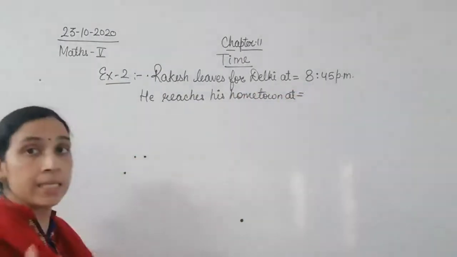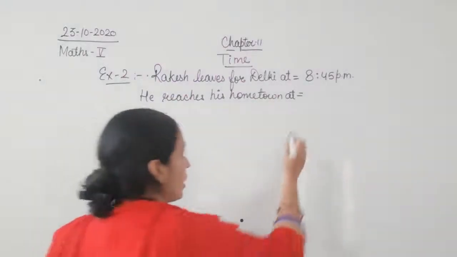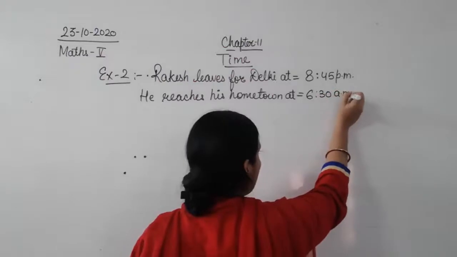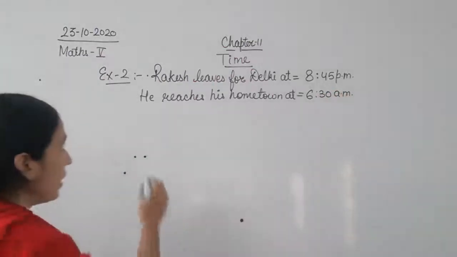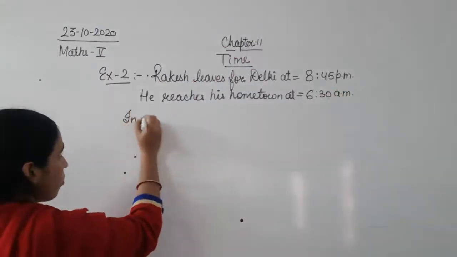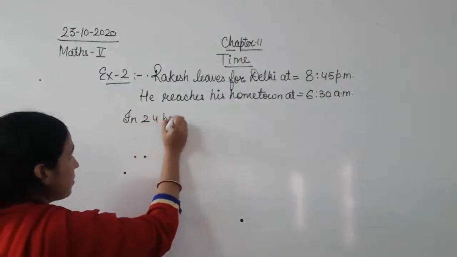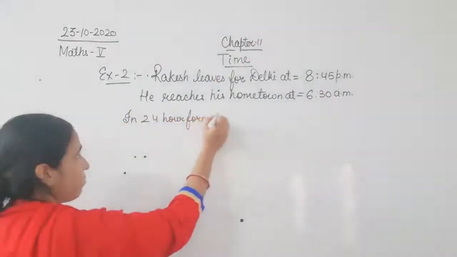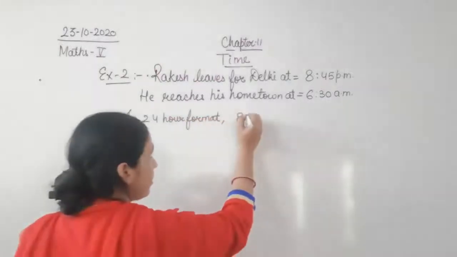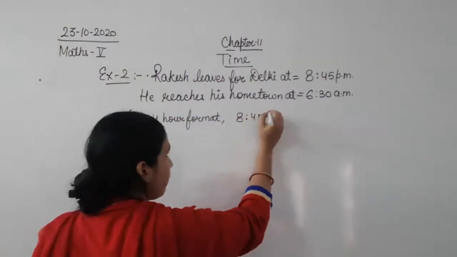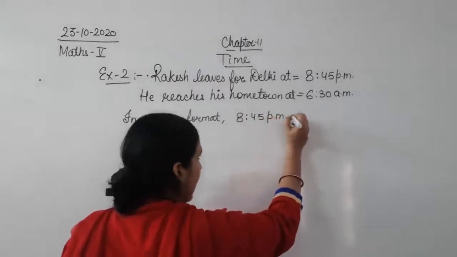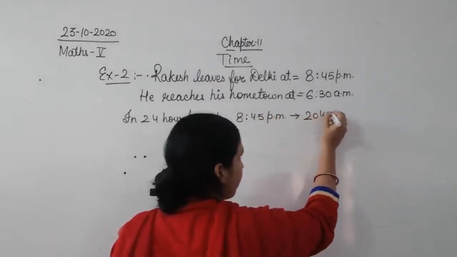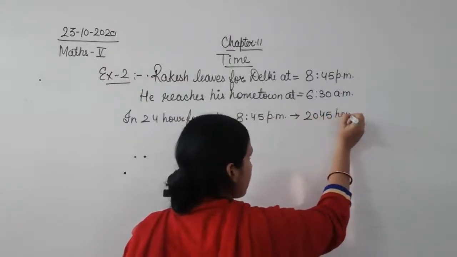At 6:30 AM. That time you are not required to change. Now in 24-hour format, 8:45 PM can be written as 20:45 hours.